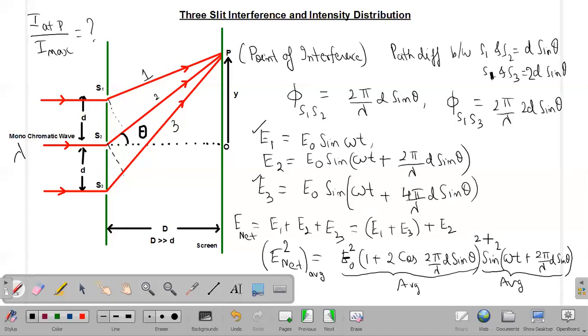Use the concept that intensity is always proportional to the average of E square, and also use the fact that the average of the sine square function will always be 1 by 2.